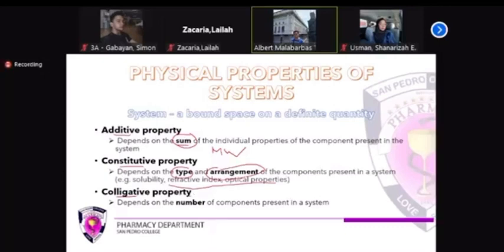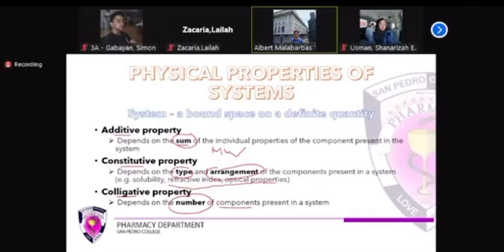Colligative property is a property that depends on the number of the components present in the system, how many particles are present in the system. Colligative property will be expounded to you later on under liquids.